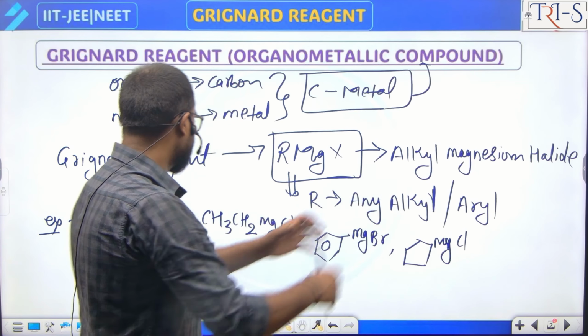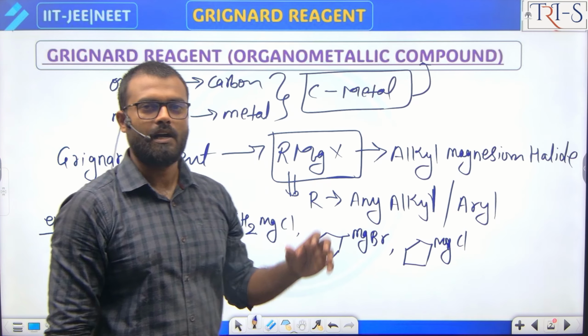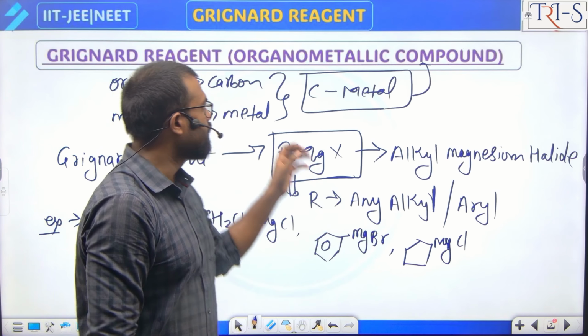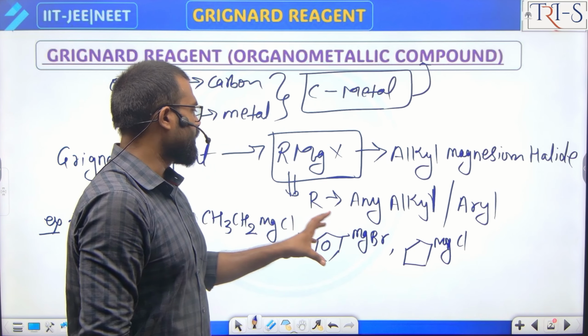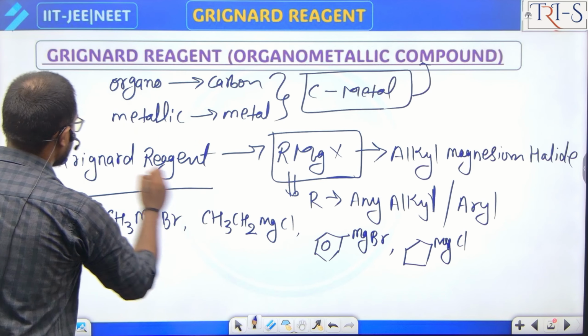Such types of alkyl magnesium halide compounds are organometallic compounds, referred to as Grignard reagent.